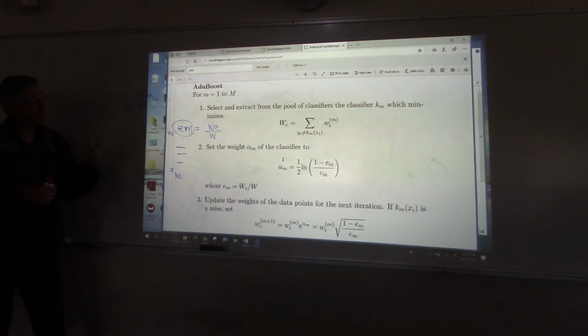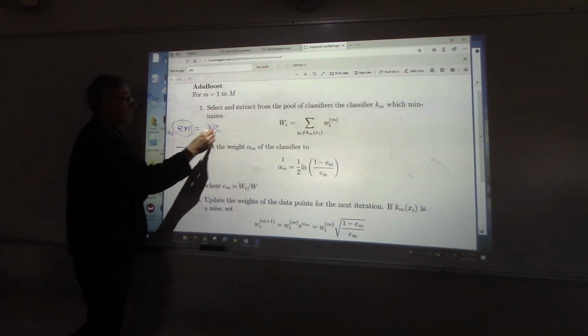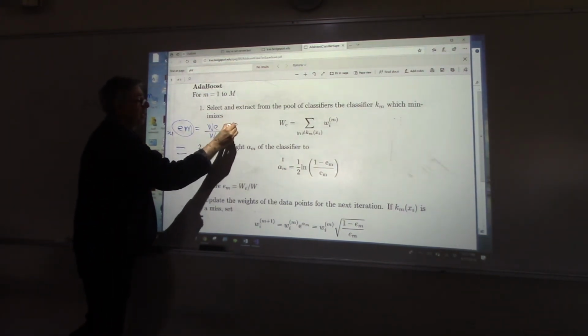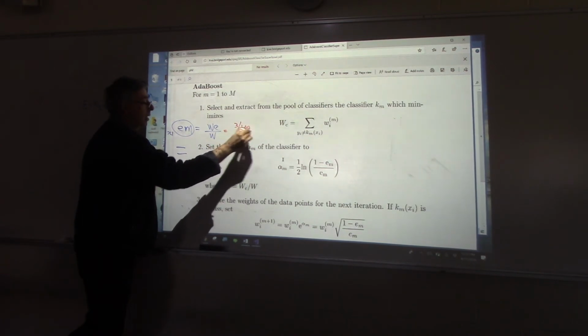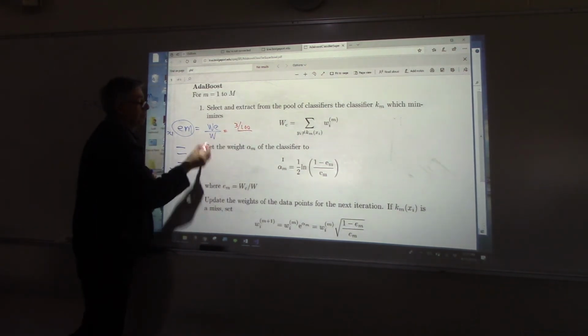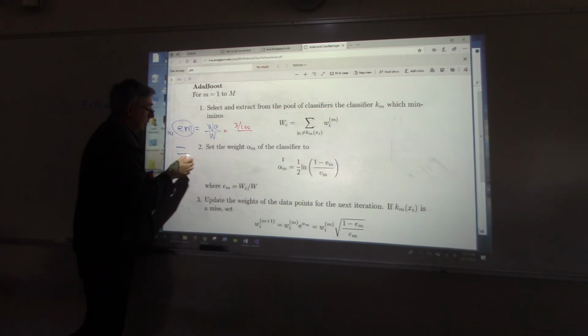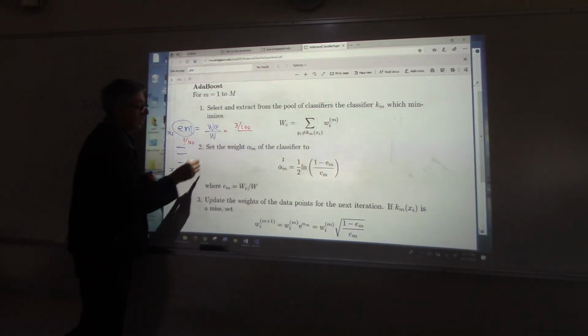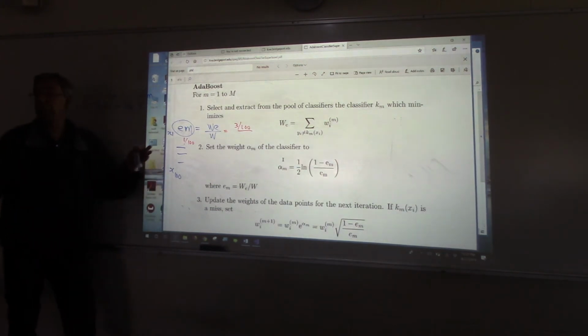If 3 were correctly classified, this will be 3 over 100, right? And what's W? Each weight is 1 over 100, so if we sum all the weights, it will be 1.